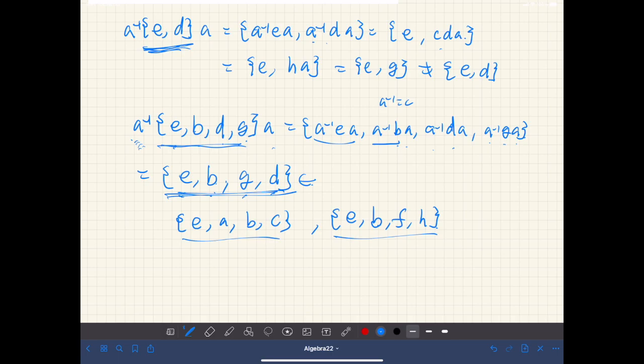And all of these have E and B in common. So if we take the intersection of any two of these 3 subgroups, then we have E, B as the common elements.